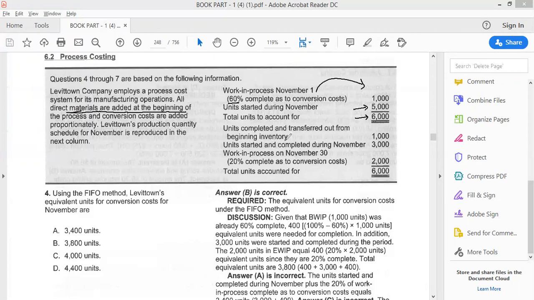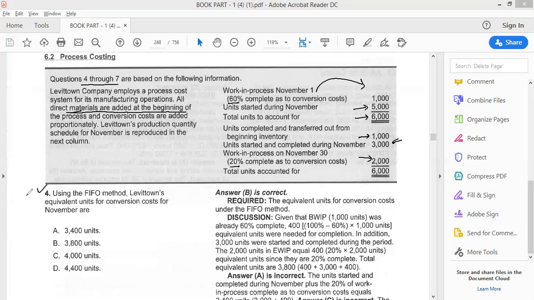Units completed and transferred from beginning work in process, 1000. Units started and completed during November, 3000. And work in process closing, 2000, which is 20% completed with respect to conversion cost. So this is the given information. On the basis of that, we will solve questions 4 through 7.